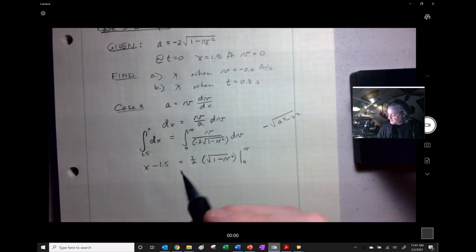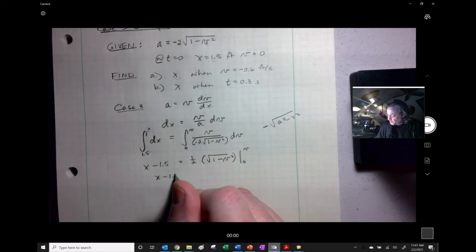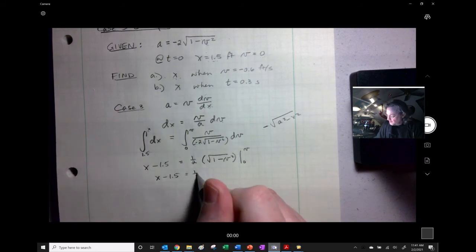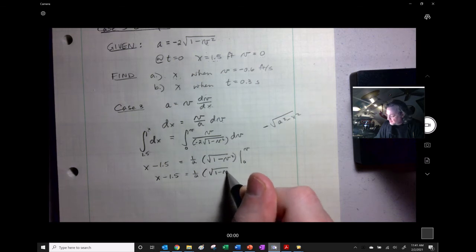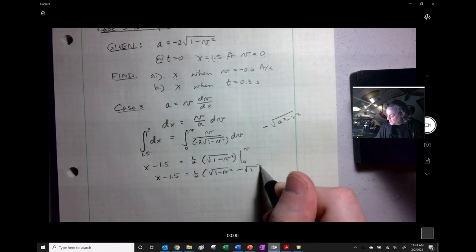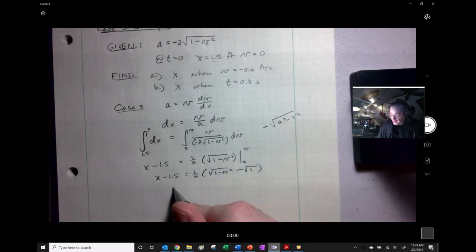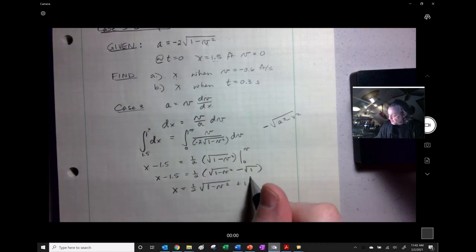But now if I plug those back in here, I get my x minus 1.5 equals 1/2, and then inside this thing, 1 minus v squared minus square root of 1. And so I can write this out as equaling 1/2 v 1 minus v squared plus 1, right there.